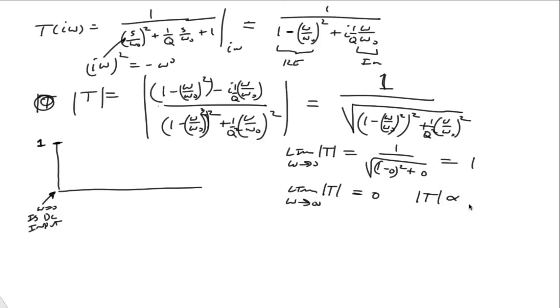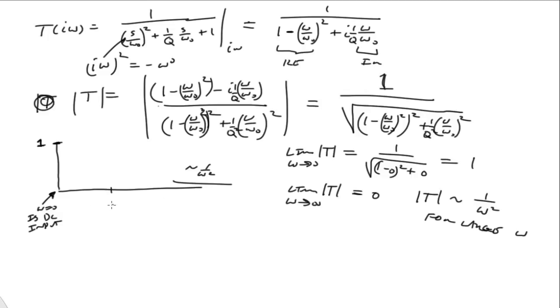I should write this as follows. I should say this has a 1 over omega squared type dependence for large omega values. And so it's going to decay a little faster towards 0 than our RLC circuit. So by adding this inductor, we've got a little bit different sort of behavior. So we're going to see that going off at 1 over omega squared down here.